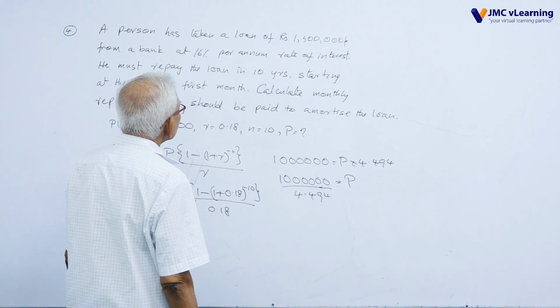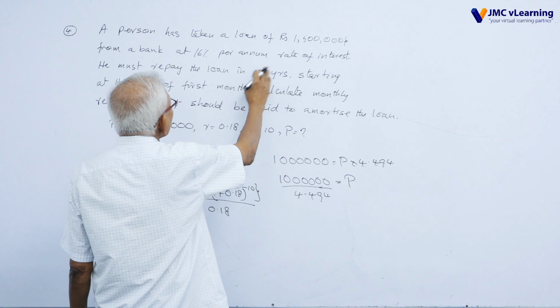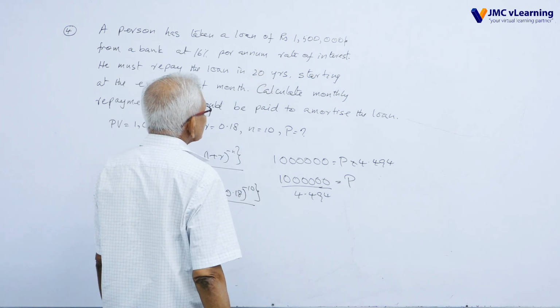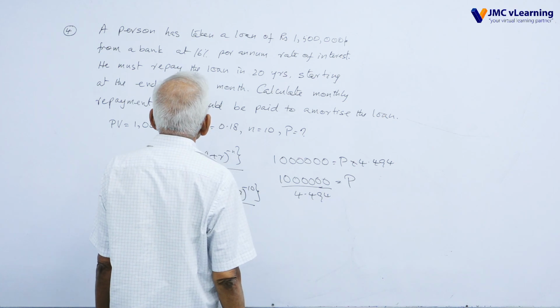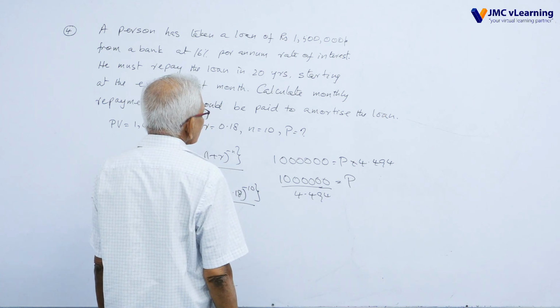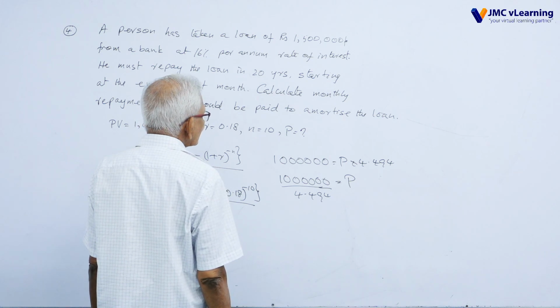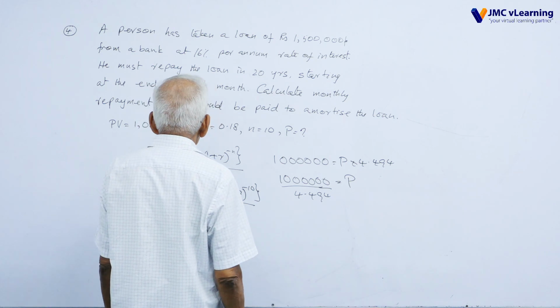A realistic question. He must repay the loan in 20 years. Housing loans are paid over 20 years. Starting at the end of the first month, calculate the monthly repayment that should be paid to amortize the loan.